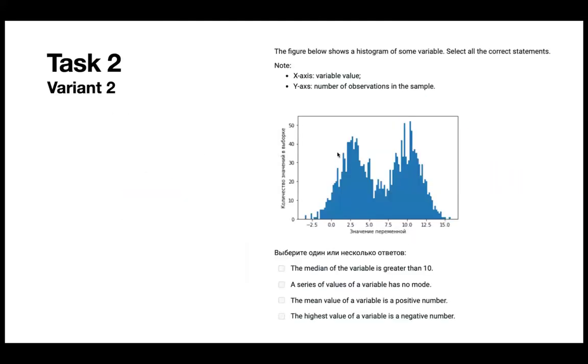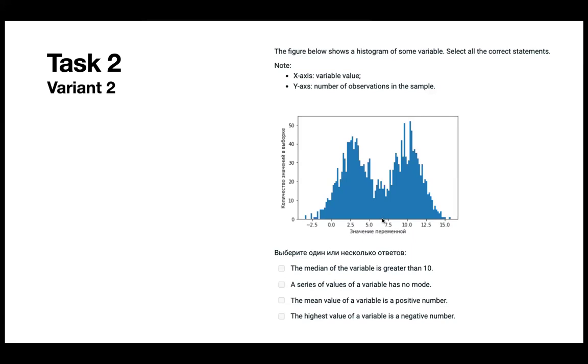Then let's take a look at the second variant. So here you should select all the correct statements. You can take a look at the task. Okay, let's take a look at our statements. The median of the variable is greater than 10. We can see that the median here is just a little less than 7.5.